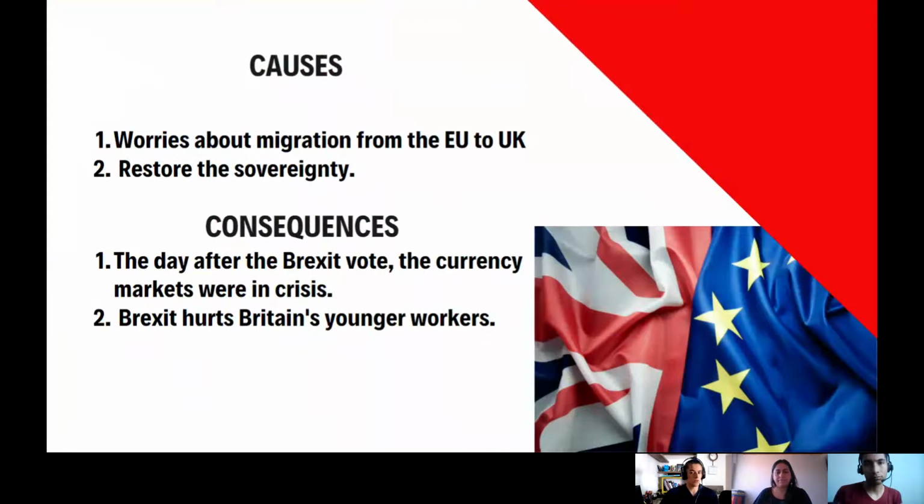I'd like to talk more about the sovereignty and migration things because I think they're the main cause of Brexit. And these go far back, way far back. Since the beginning of England, this country had a lot of wars.